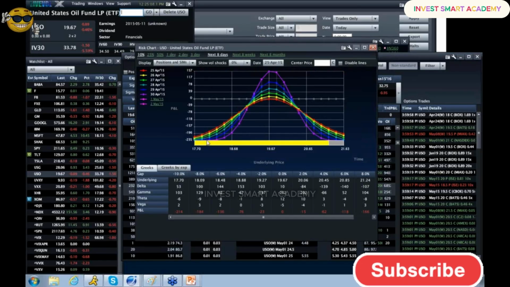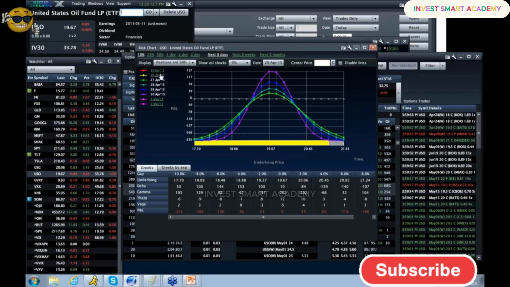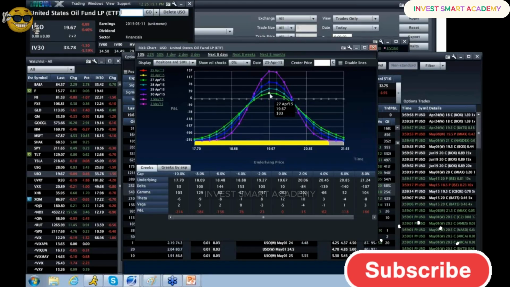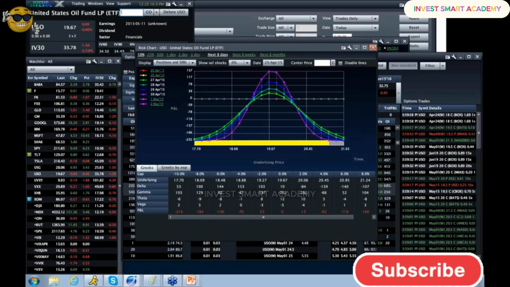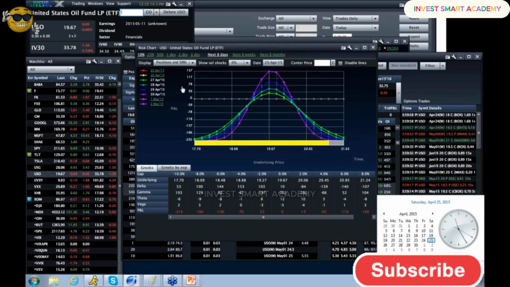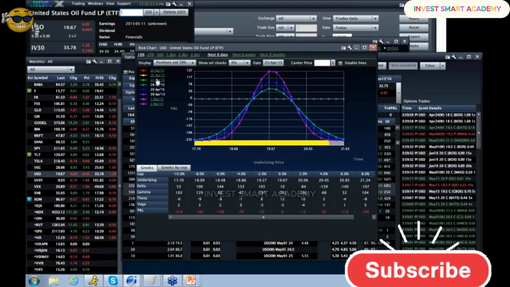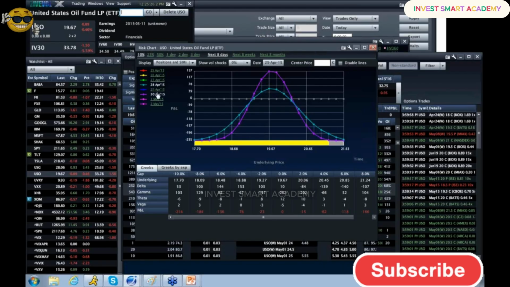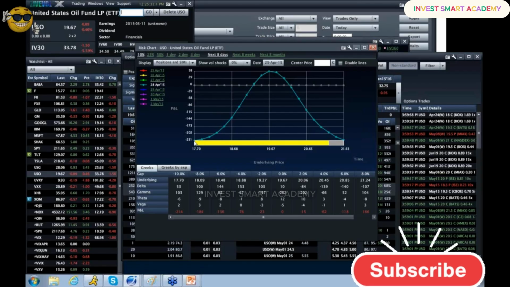All right, so I've got on a 10 lot. See the 27th is, all right, so on the 20th, if I did this, it should be worth about the same on the 27th. So what I'm really looking at is what is my P&L on the 28th? And I make 58 bucks on $230 of risk.